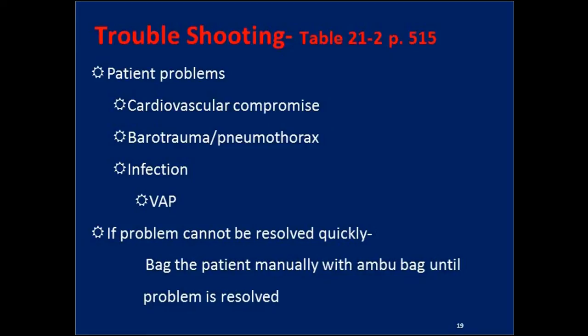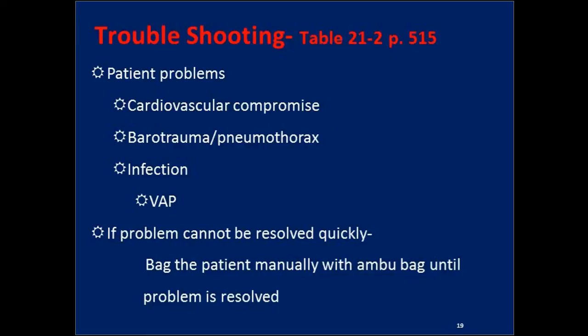So cardiovascular compromise can be seen in your patient who's intubated, and that would manifest as decreased perfusion, decreased blood pressure, decreased heart rate possibly, but decreased signs of perfusion and cardiac output.